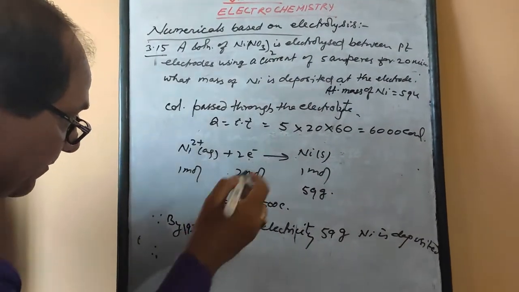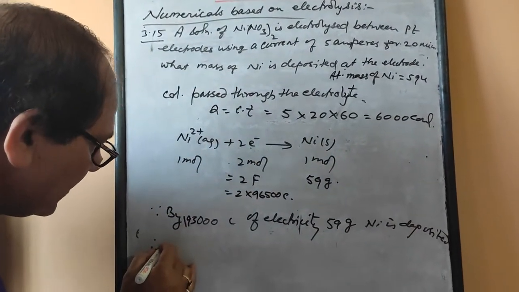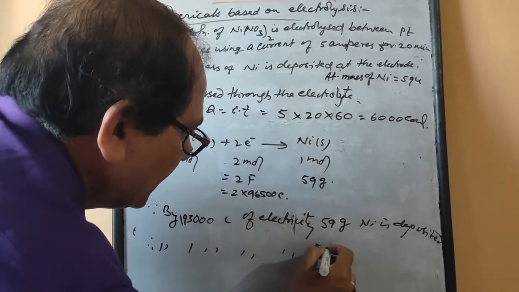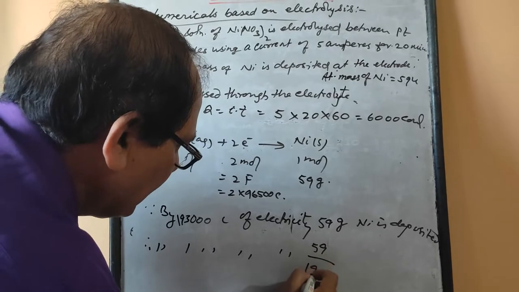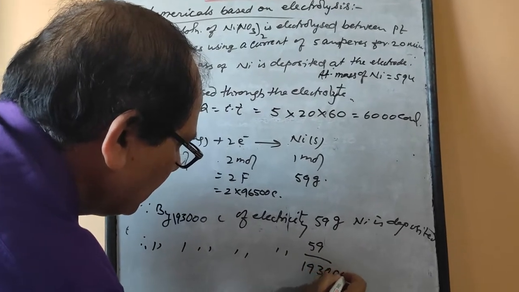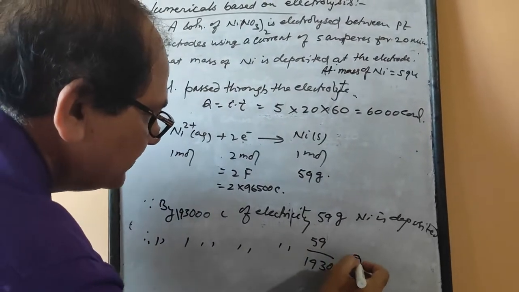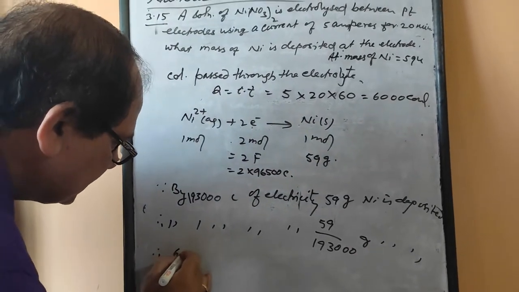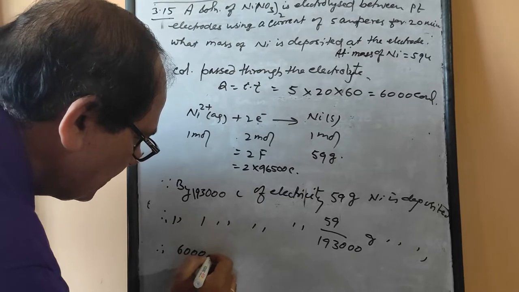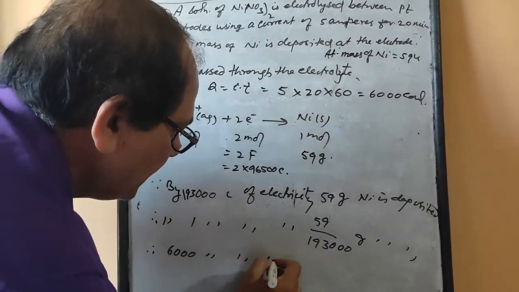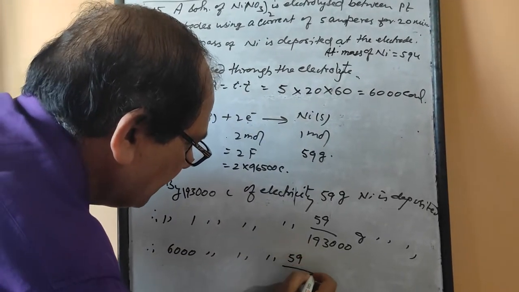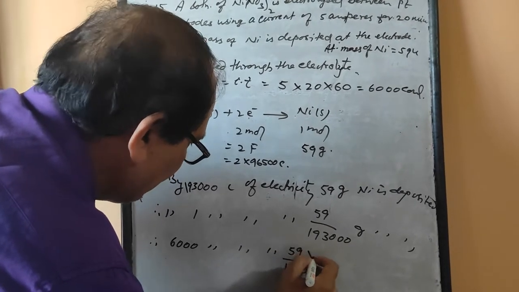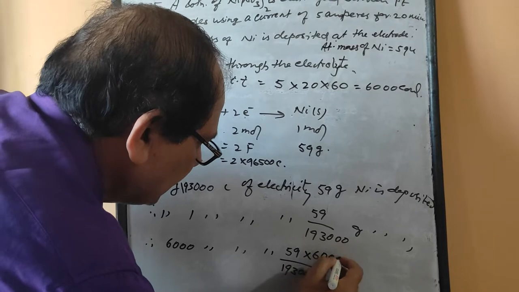Therefore, by 1 Coulomb, 59 divided by 193,000 gram. Therefore, by 6,000 Coulomb, 59 divided by 193,000 into 6,000.